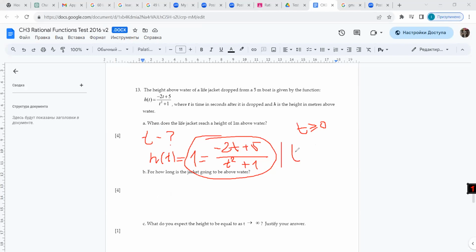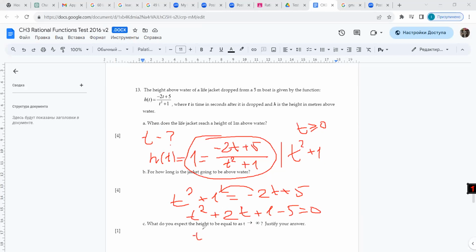I multiply left and right hand side by t squared plus 1, which gives me t squared plus 1 equals negative 2t plus 5. Now I should bring it all to the same side in order to solve it. t squared plus 2t, because I bring it over the equality sign, then plus 1 minus 5 equals 0, which means t squared plus 2t minus 4 equals 0.